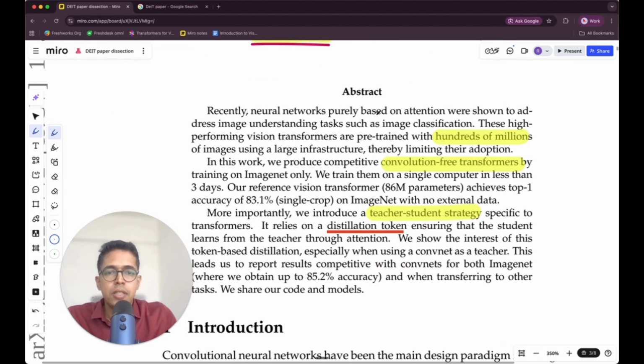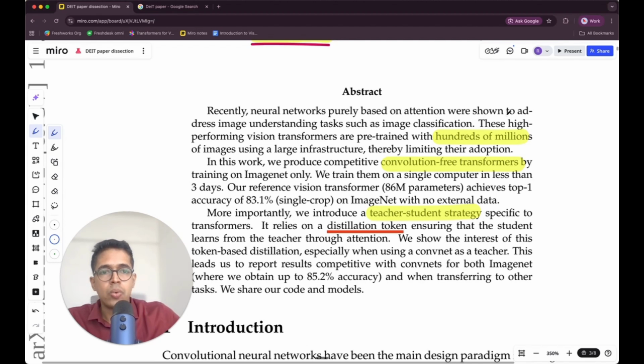Recently, neural networks purely based on attention were shown to address image understanding tasks such as image classification. I hope they are referring to the Vision Transformer paper. These high-performing vision transformers are pre-trained with hundreds of millions of images using a large infrastructure, thereby limiting their adoption.